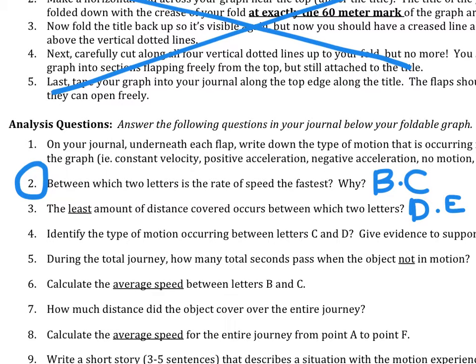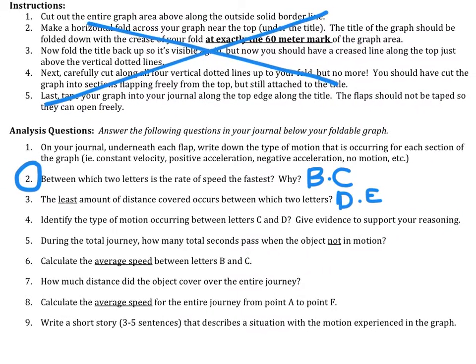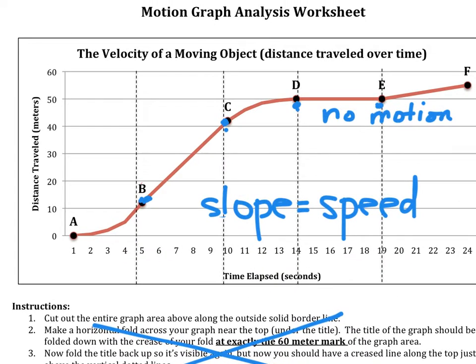Number 4, identify the type of motion occurring between letters C and D and give evidence to support your reasoning. So let's look at C and D together. Now C and D is something a little bit different than what we're used to. We've usually seen straight lines, and straight lines usually mean constant velocity or constant speed.